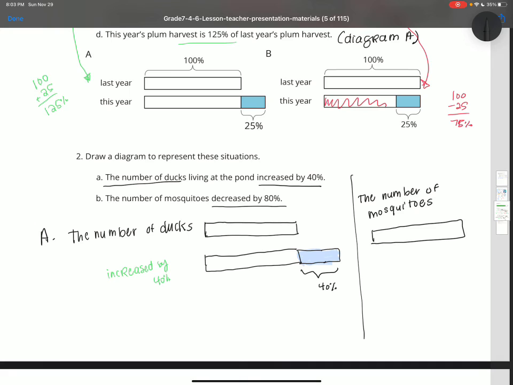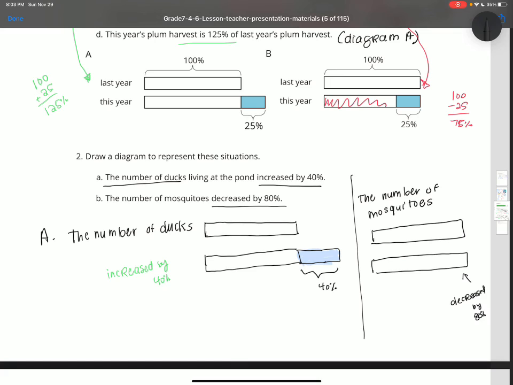This is the original amount. The second tape diagram will be the same amount, and I'm going to draw an arrow saying this is going to show the decrease by 80%.